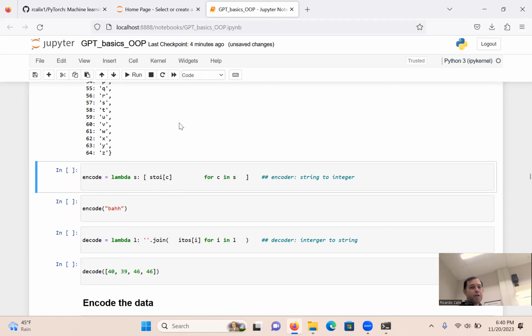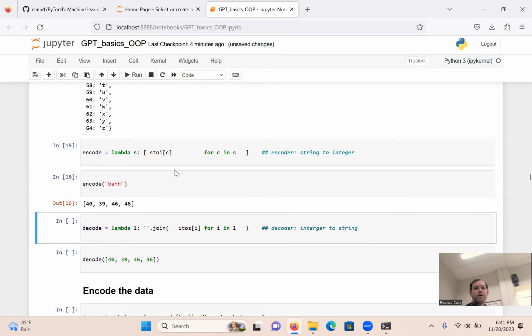Notice that I'm going to initialize my encoder, and then I'm just going to test it with the sheep language, right? So that's sheep language. I'm going to go ahead and run it. And there you go. I got my integers. 40, 39, 46, 46. Got it? That's what you actually plug into the transformer.